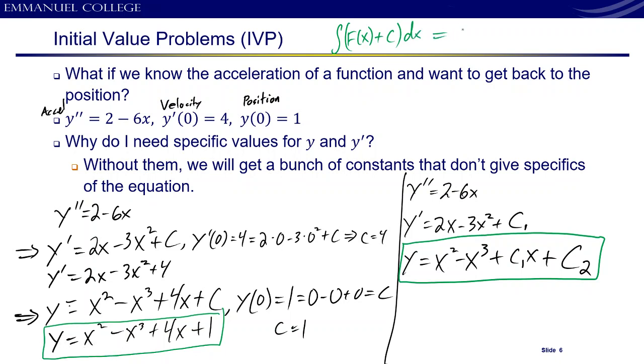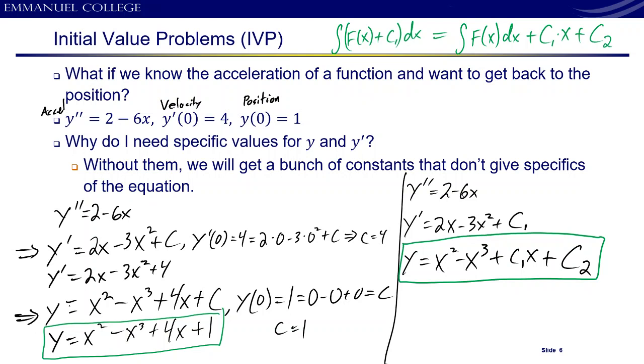So that's giving you whatever the antiderivative of this is plus this constant times x plus a brand new constant. So you're creating another family of functions. You're saying this is the set of functions that all have a second derivative of 2 minus 6x. So the initial value problem without those initial values just gives you another family of solutions.